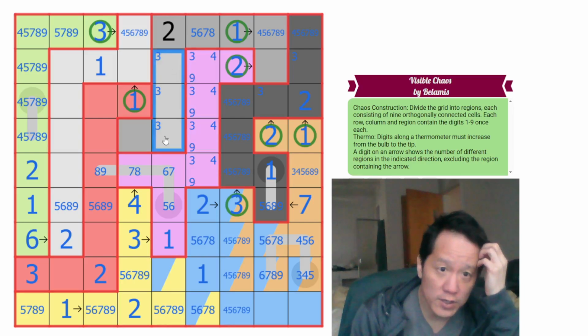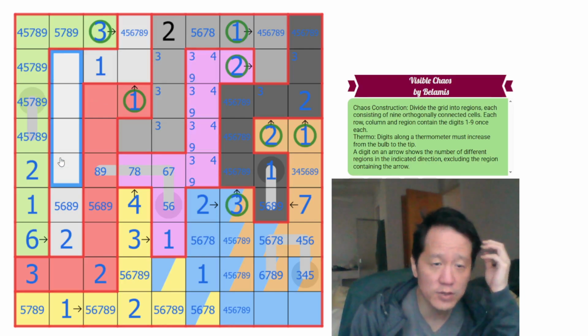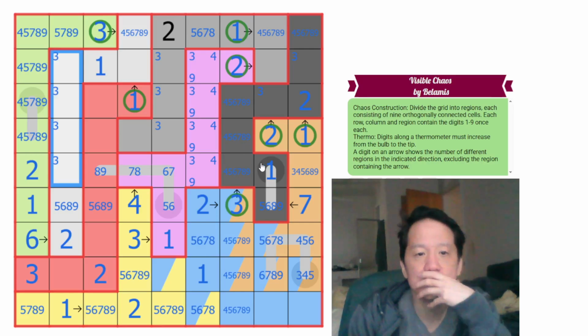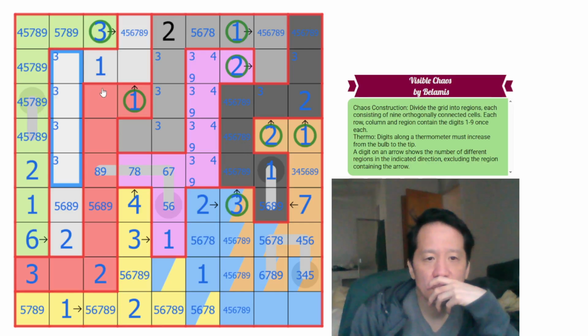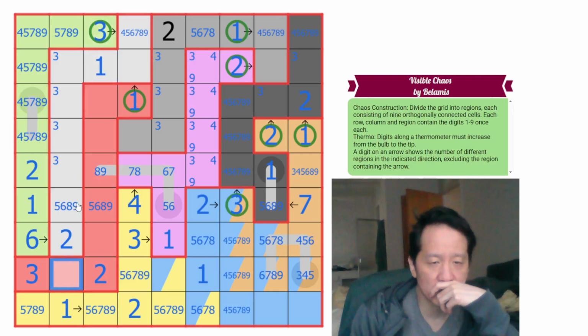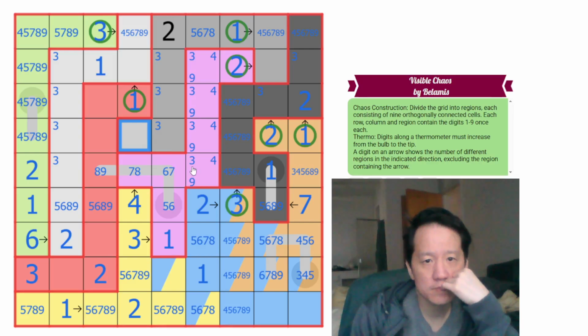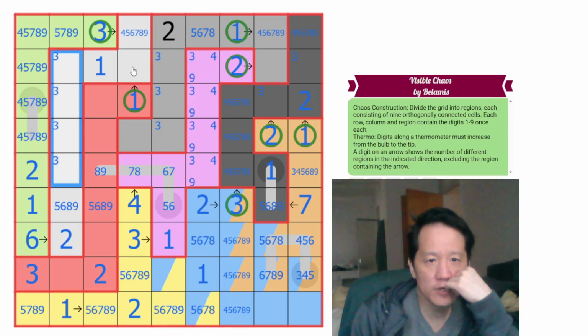We have a 3 here. We also have a 3 being one of those. Because this can't be 3. So we have a 3 here, a 3 here, a 3 here, and a 3 one of those two.